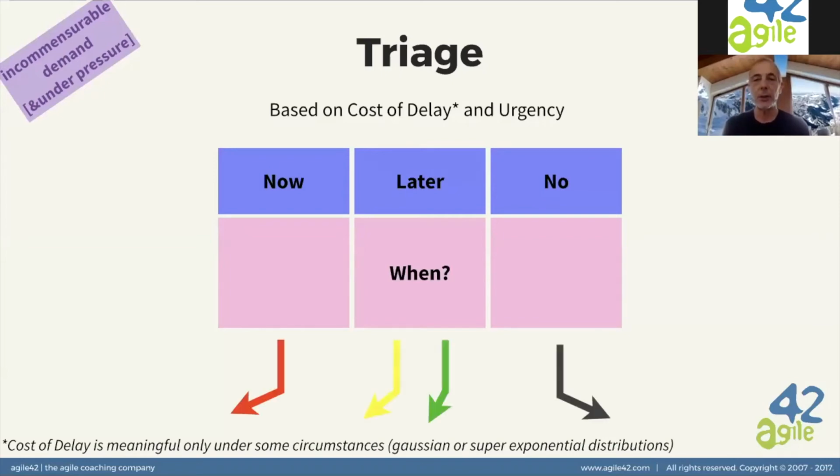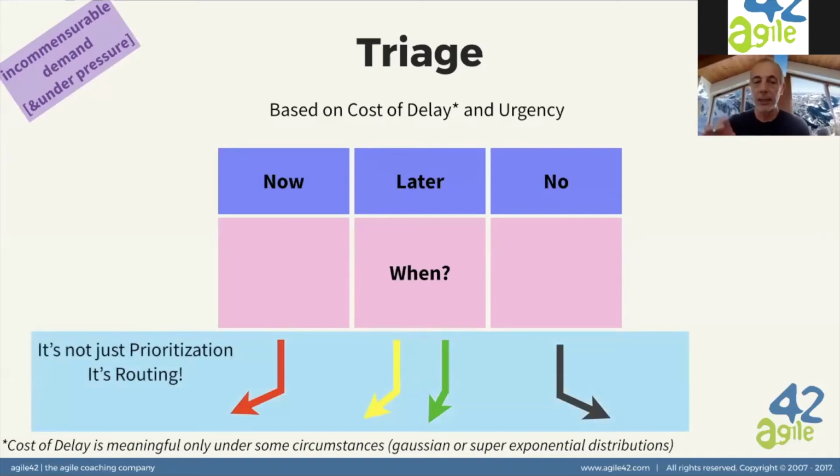If you think to what happens in the ER department, you are assigned a color, and each color basically is a routing mechanism. So it's very important to understand that triage is not just prioritization, it's routing.